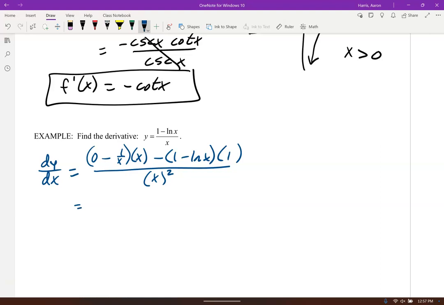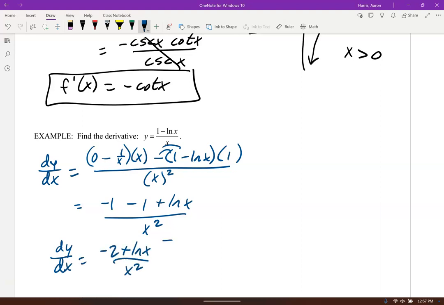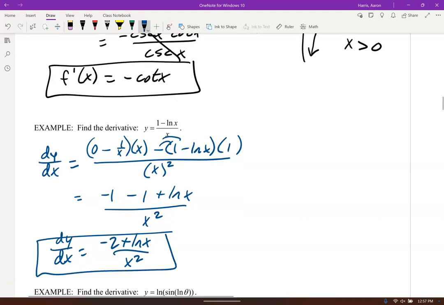So I got negative 1 minus 1 plus the natural log over x squared. So this derivative is just negative 2 plus the natural log of x all over x squared.